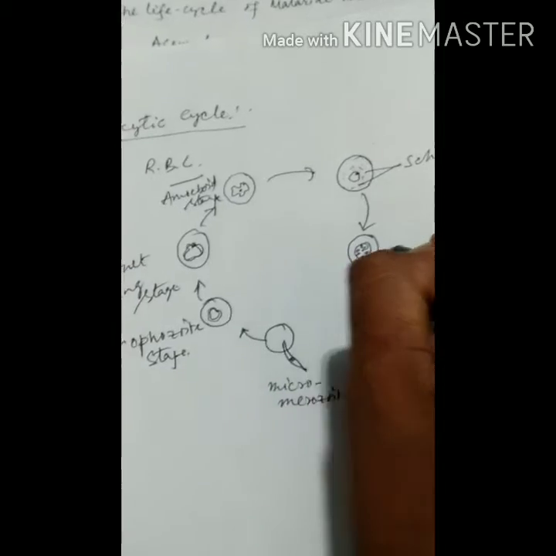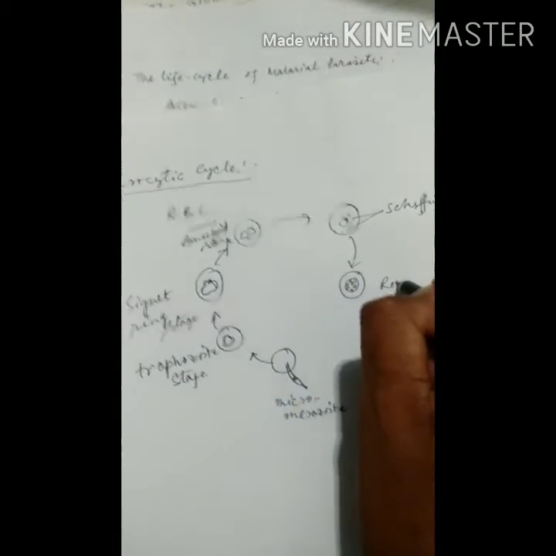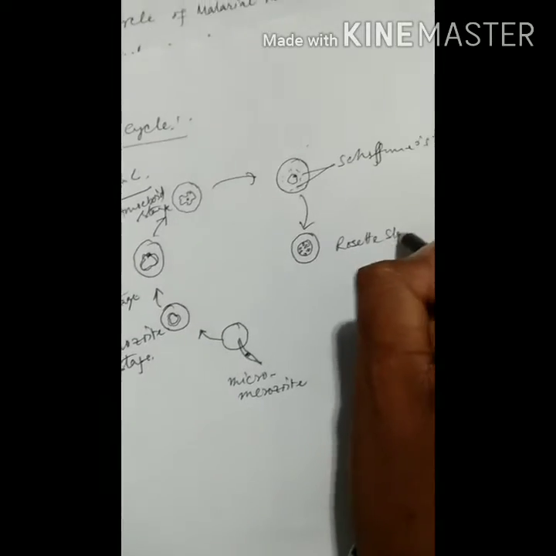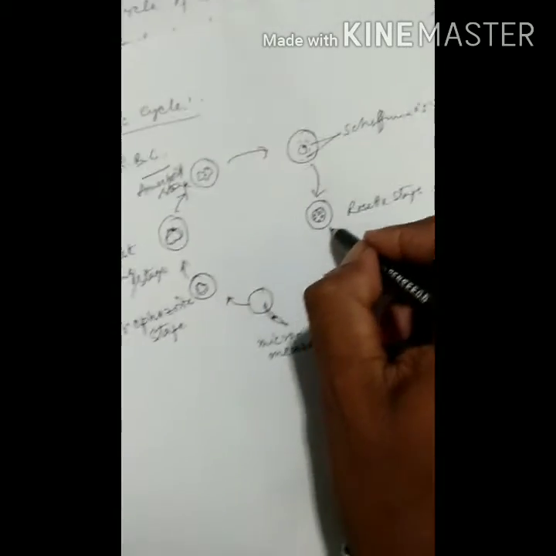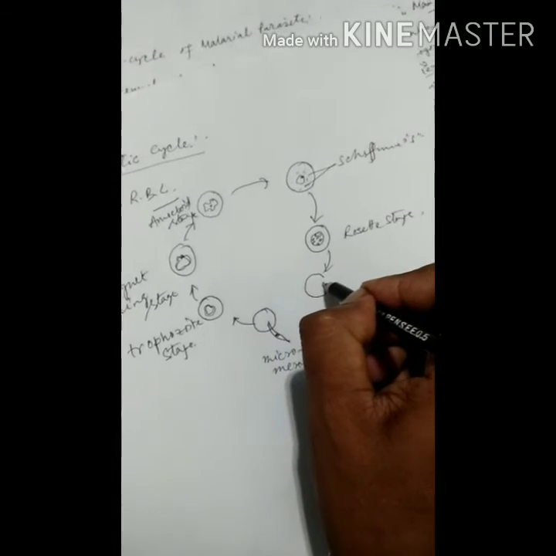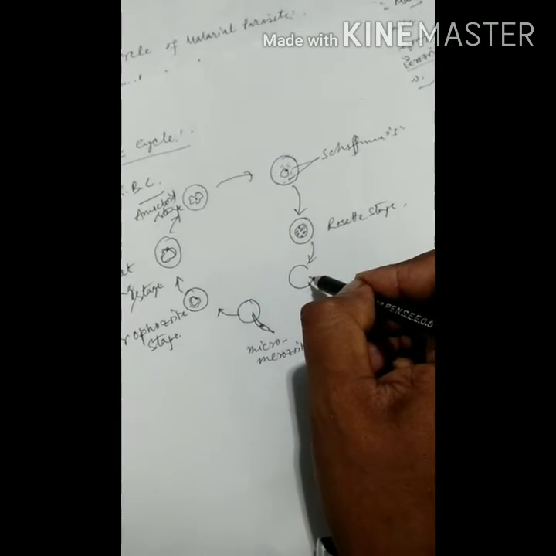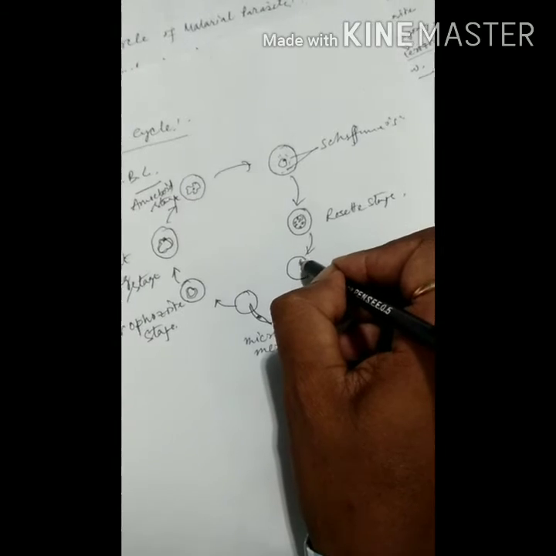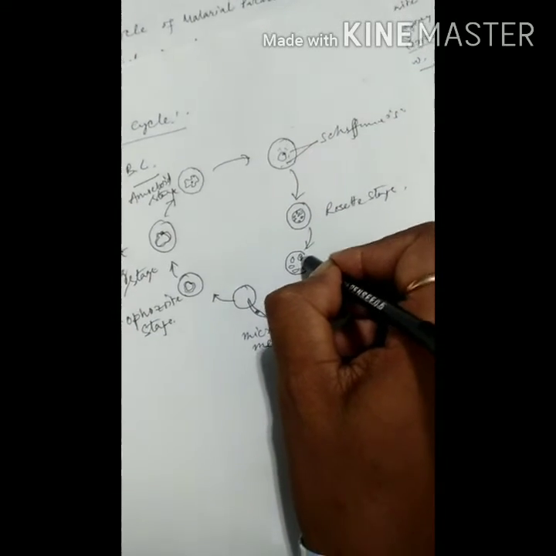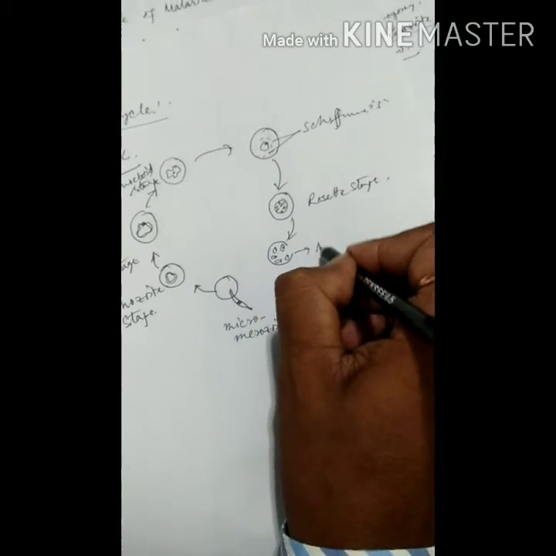The rosette stage is then transformed into merozoites, and merozoites are liberated from the ruptured RBC.